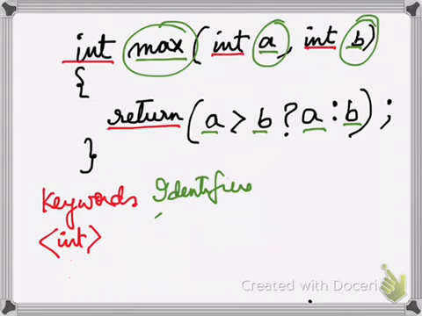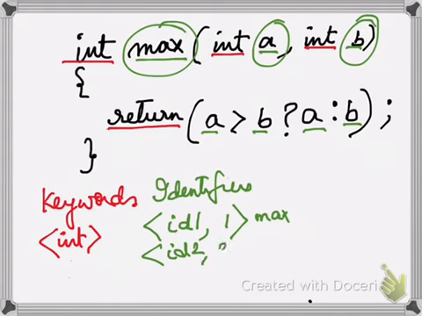So I will have something like this, maybe identifier 1 and the location in the symbol table for max. Then for a, id 2 and its location. Then id 3, location 3, so b.